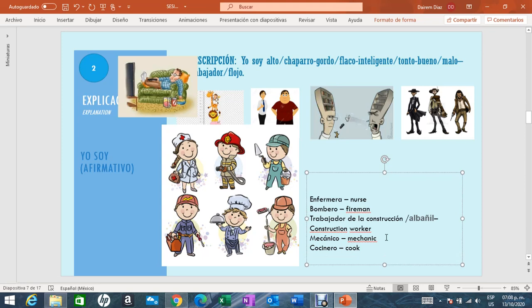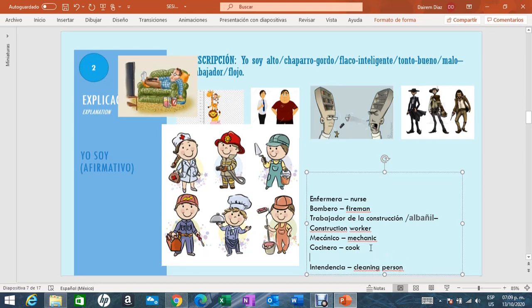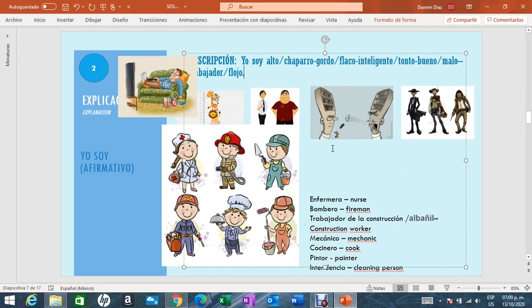And then finally we have, how do you call them? There are different names. We call them intendencia, cleaning. Oh no, but that's not a cleaning person, right? I think it is a painter, those that paint houses. Sería pintor, painter. So that is the vocabulary for this slide.